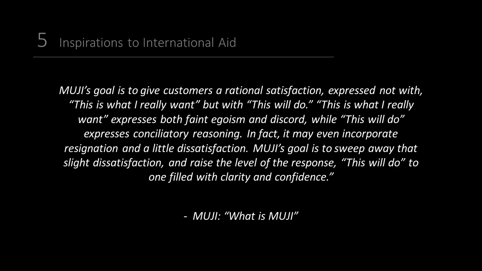"This is what I really want" expresses both feigned egoism and discord, while "this will do" expresses conciliatory reasoning. In fact, it may even incorporate resignation and a little dissatisfaction. Muji's goal is to sweep away that slight dissatisfaction and raise the level of the response "this will do" to one filled with clarity and confidence.